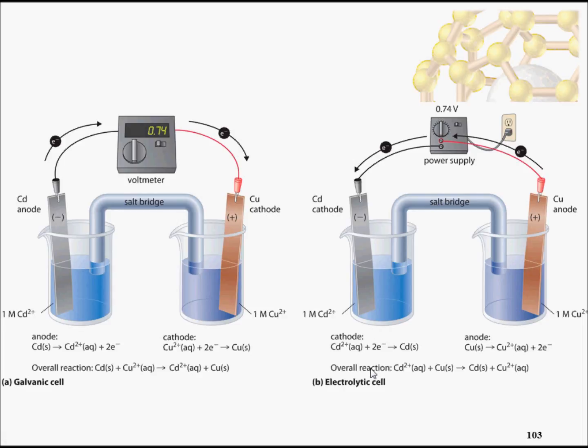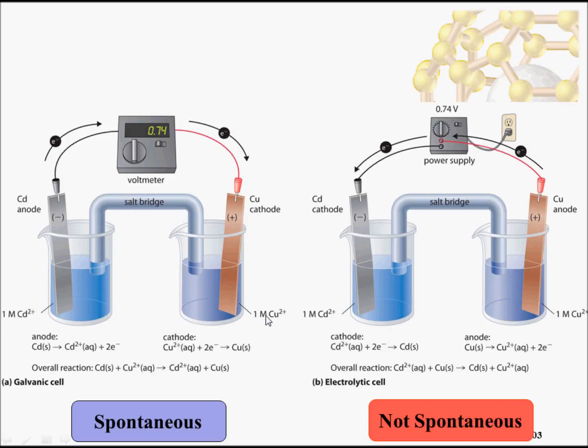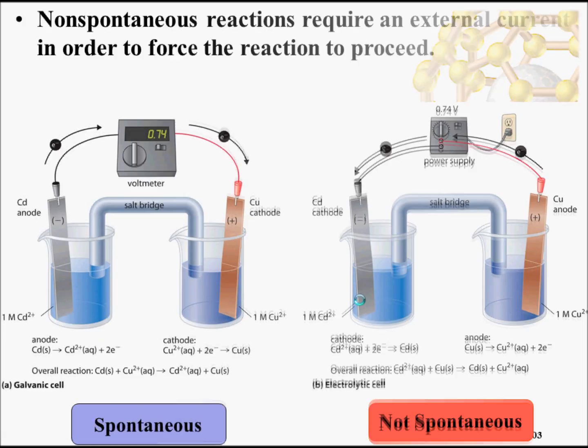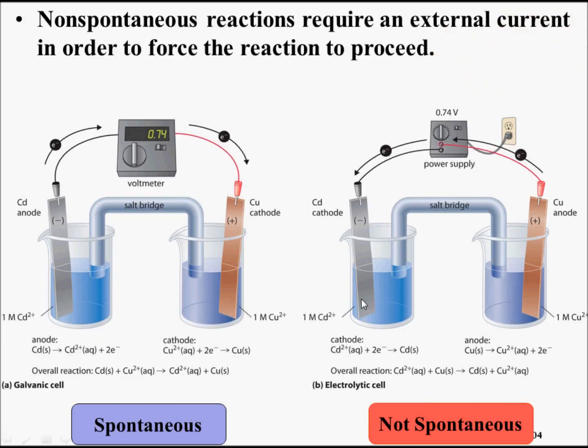Like I said, this is how a rechargeable battery works. We plug it in, we force the electrons to go in one direction, so we're essentially causing the reverse reaction to occur. Then we unplug it, and the spontaneous reaction is in the other direction. So galvanic cells, voltaic cells, are spontaneously occurring, whereas an electrolytic cell is a non-spontaneous reaction.